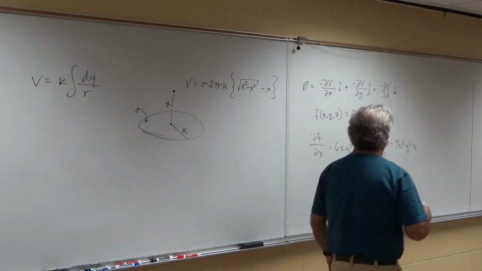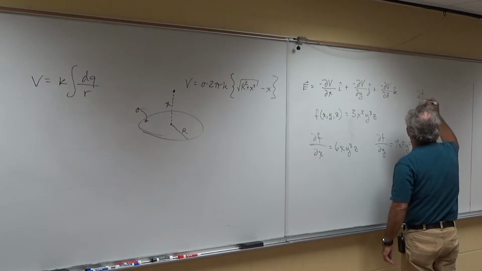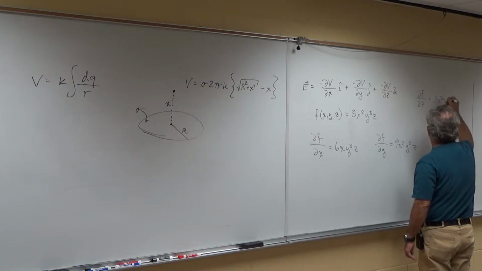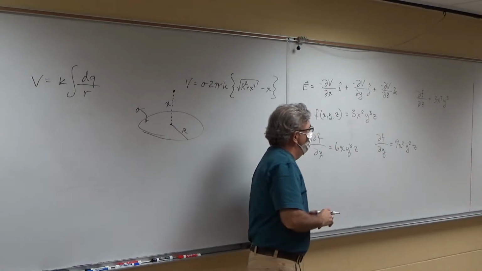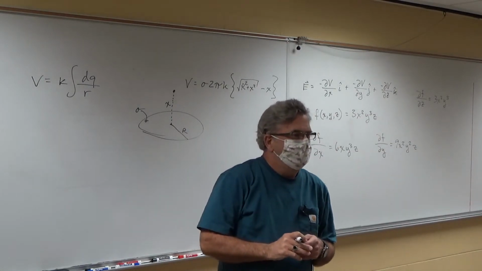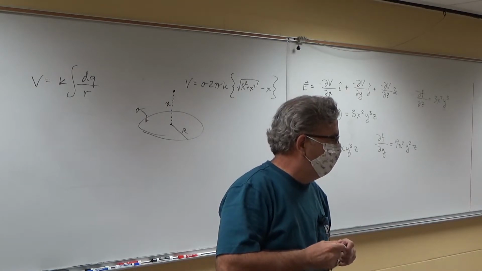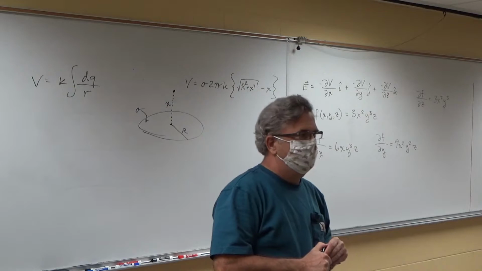Partial of f with respect to z is equal to 3x squared y cubed. Just act like everything else is a constant and take the derivative with respect to whatever variable I'm interested in. Okay.